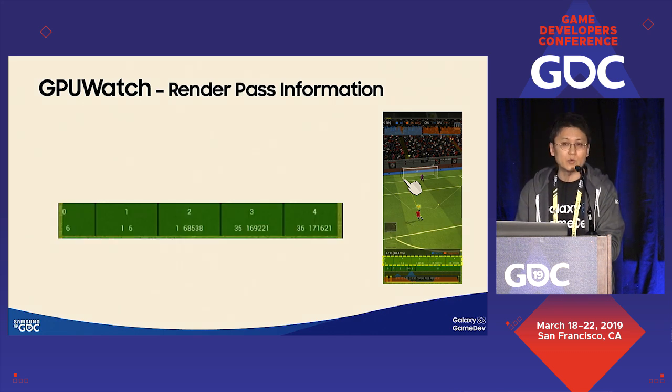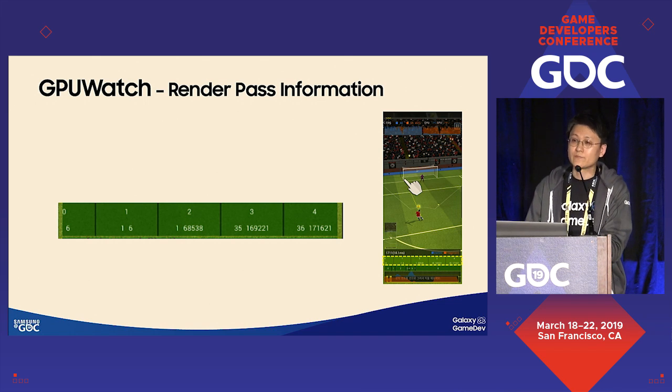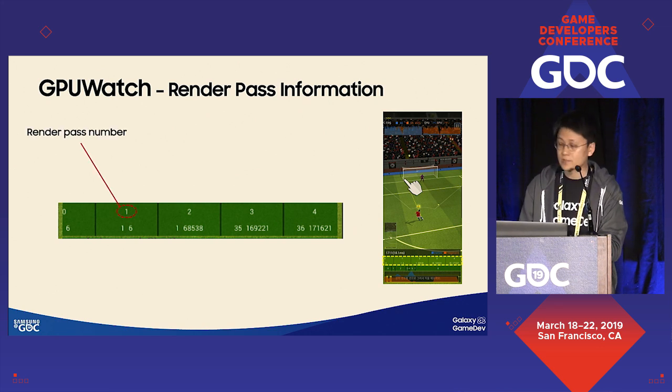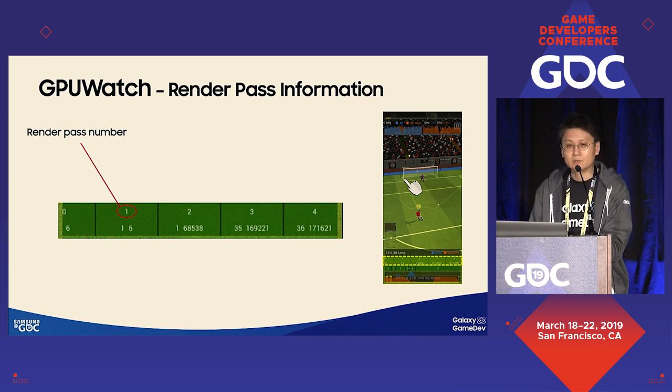And there are 4 more graphs below. The first green graph shows the render path information of the captured frame. Each block means a render path within the frame, and each render path shows 3 pieces of information. The first is the index of the render path.